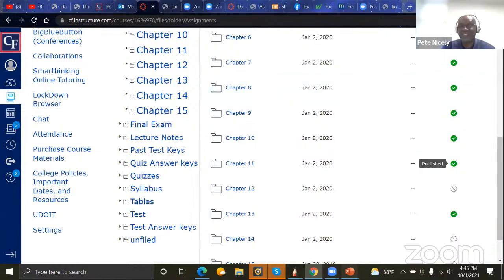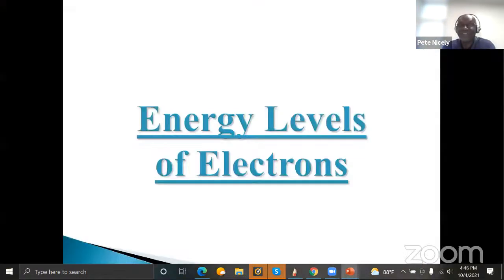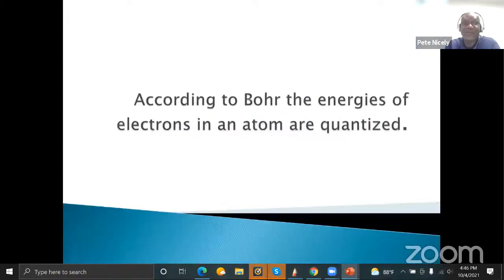Okay, so let's continue our discussion of the energy levels of electrons in an atom. So we talked about orbitals instead of orbits, which is a region in space where a particular electron will be found in an atom, all right? So what we're going to talk about now is the relationship between the energy levels and the orbits.